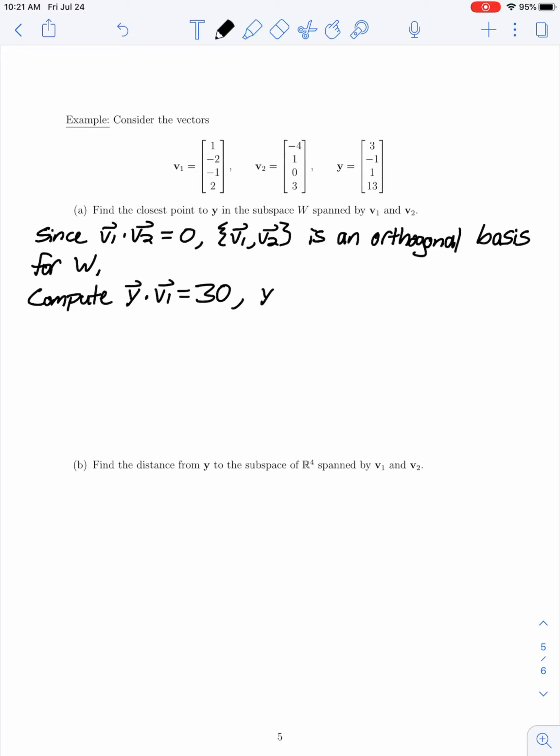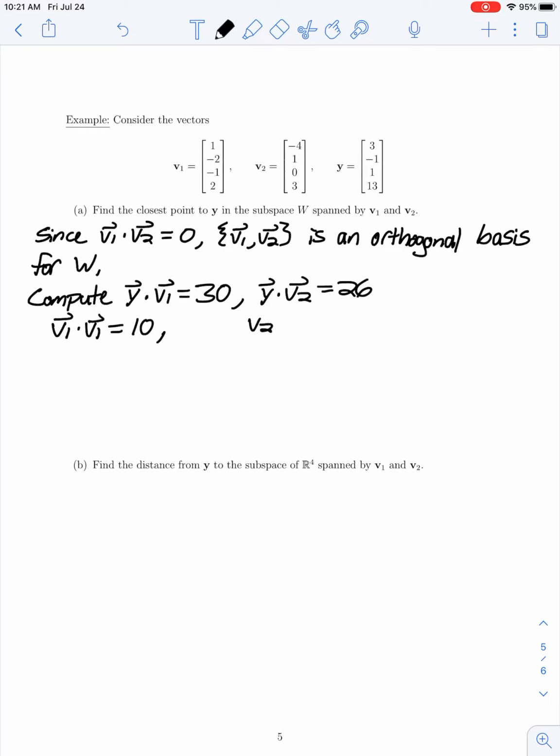Now the dot product of y with v2 is -12 minus 1, so -13, plus 0 plus 39. So 39 minus 13 leaves us with 26. Then the dot product of v1 with itself would be 1 plus 4 plus 1 plus 4. So that gives us 10.